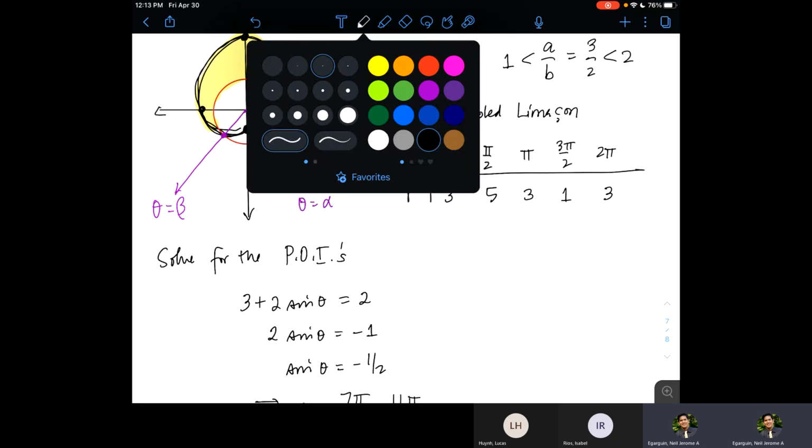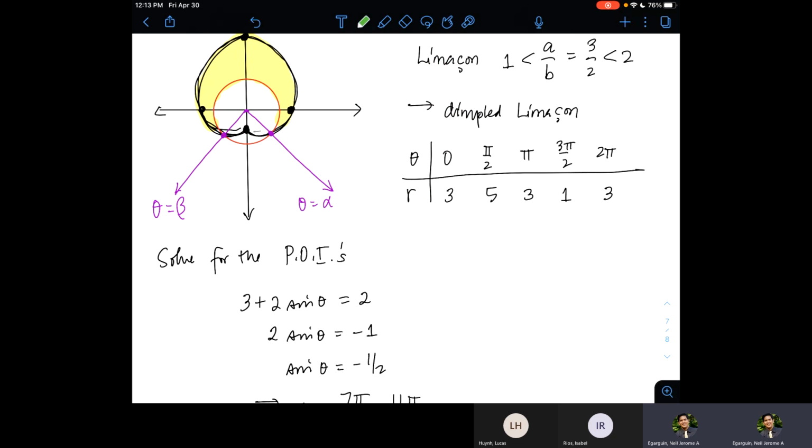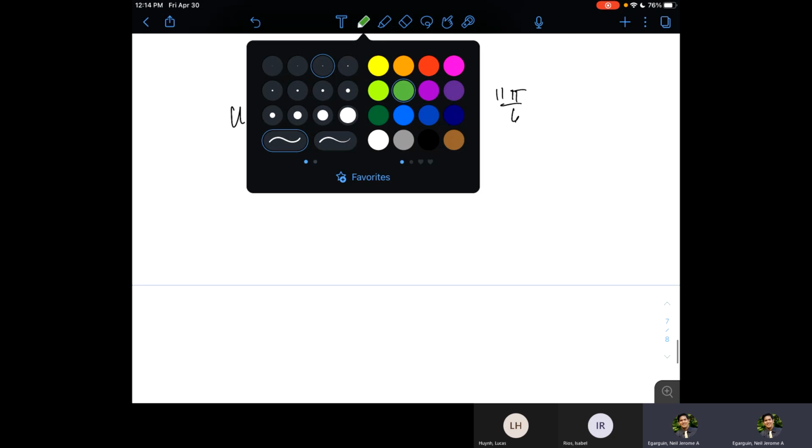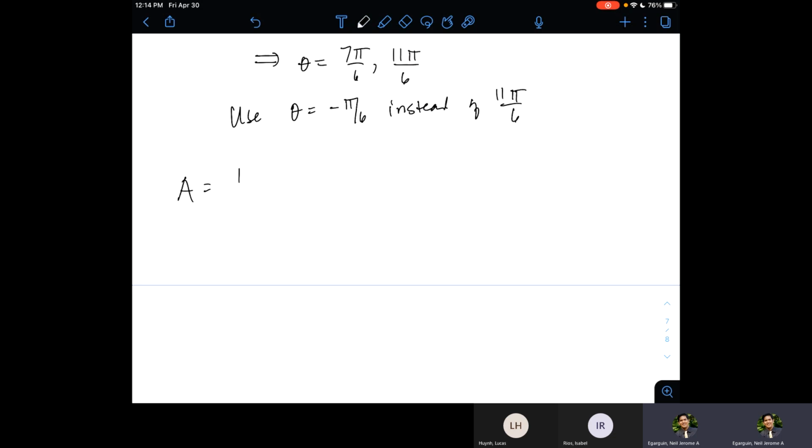Negative pi over 6 is exactly this angle from here. But that serves our purpose for the integration, because now I can integrate from negative pi over 6 all the way counterclockwise direction until the second point of intersection. All right. So that's how I knew that I will not use 11 pi over 6, but instead I'll use negative pi over 6. So the area will be given by the mainstay 1/2, the integral from negative pi over 6 to 7 pi over 6.